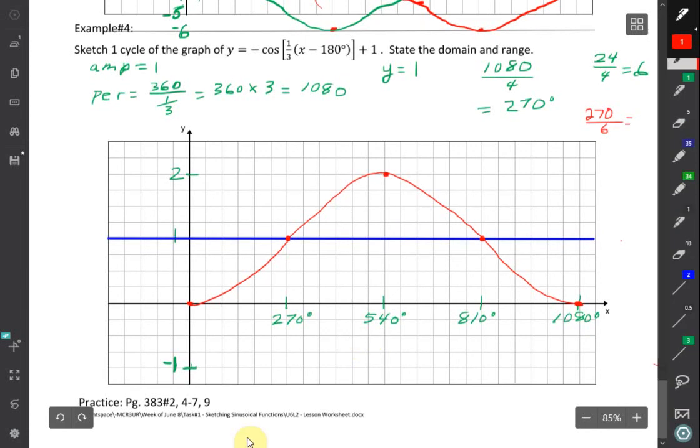And that's equal to 45 degrees. Now we need to move 180. So 180 divided by 45 is equal to 4. So we need to move this graph 4 spaces to the right.